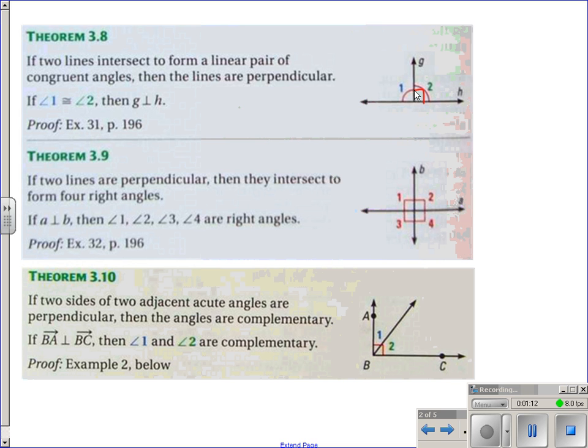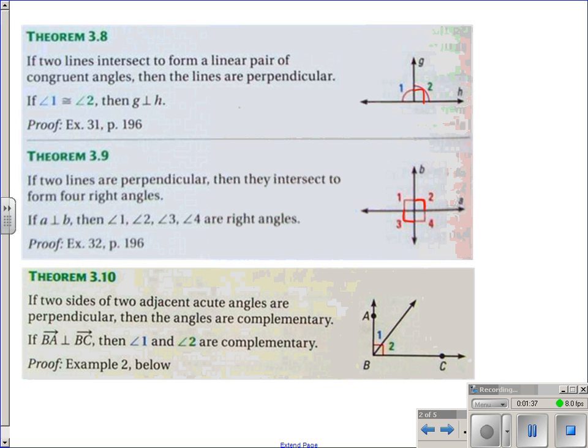All right, for this one, it says if two lines are perpendicular, then they intersect to form four right angles. So you've got perpendicular lines. There's one right angle at angle 2. You've got vertical angles, which means angle 3 is going to be 90 degrees, so it's going to be a right angle there. For 2 and 4, you've got a linear pair.